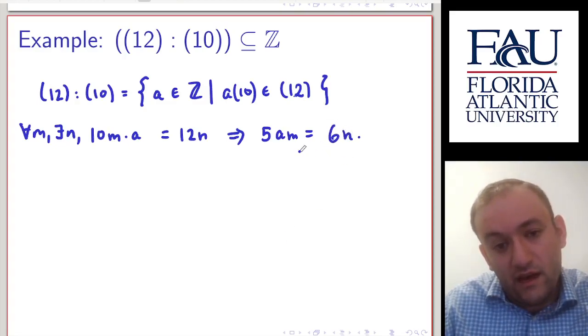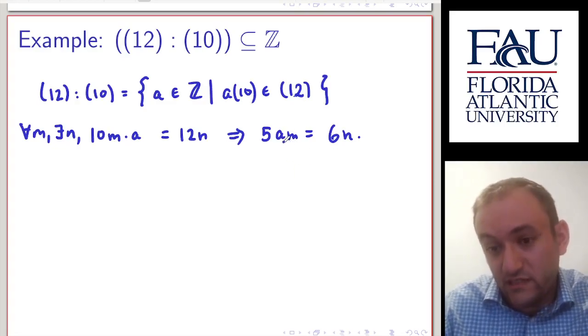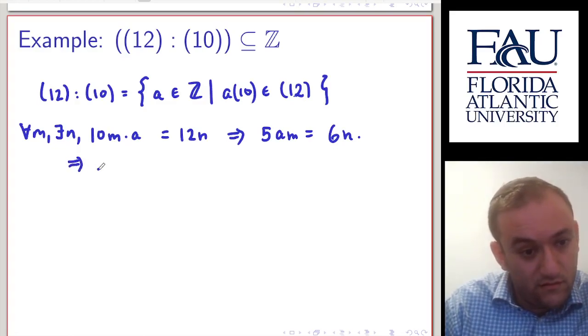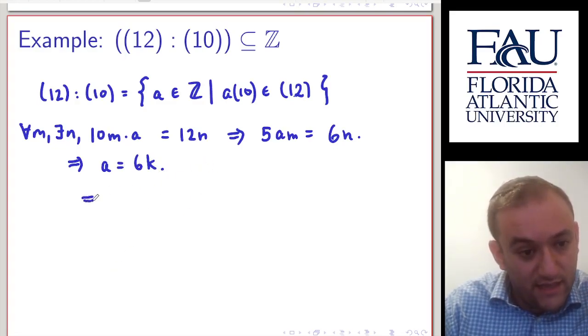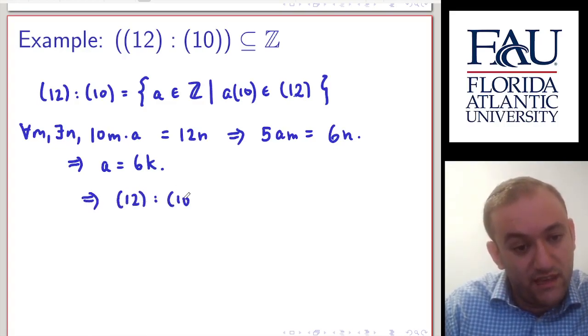Okay. So just taking m to be 1, in order for this to work, we need a to be a multiple of 6. Okay, so that tells us that 12 ideal quotient with 10 should be equal to 6.